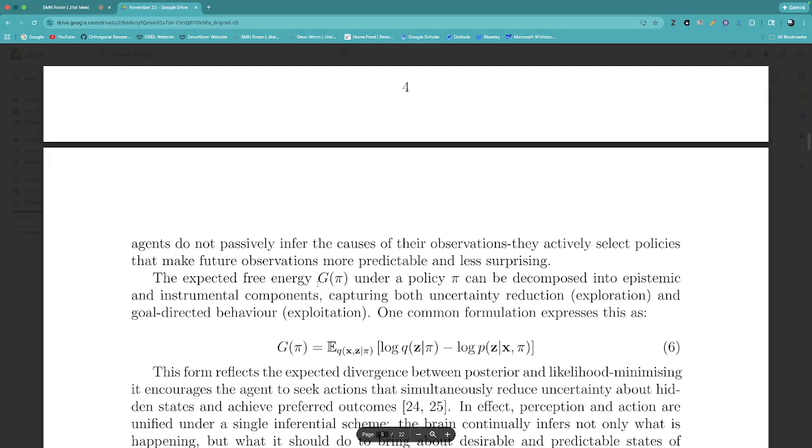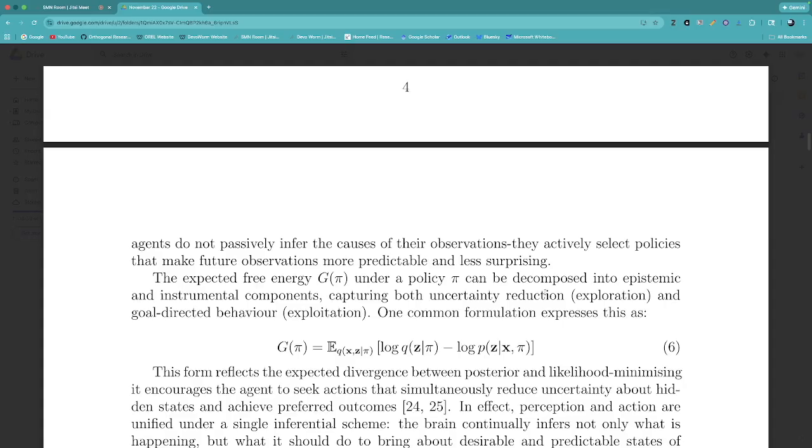So the expected free energy, which is G pi under a policy pi, can be decomposed into epistemic and instrumental components, capturing both uncertainty reduction, which is exploration, and goal-directed behavior, which is exploitation. So they're putting this in sort of a reinforcement learning cast, as you might guess.